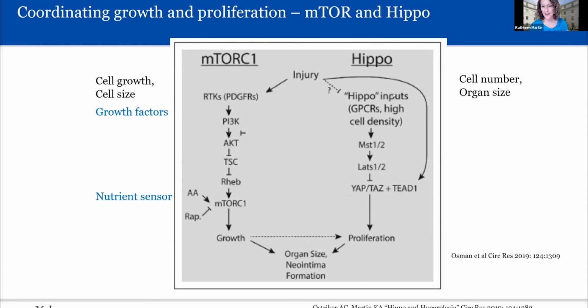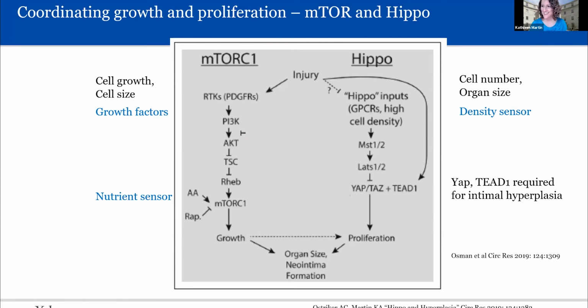The upstream inputs to Hippo that actually sense the density are not clearly defined at the molecular level at this point, but it activates a kinase cascade that represses these transcription factors, and these transcription factors drive proliferation.